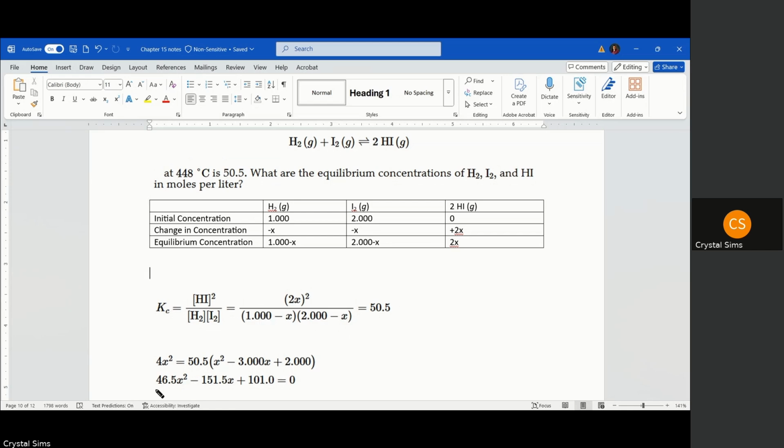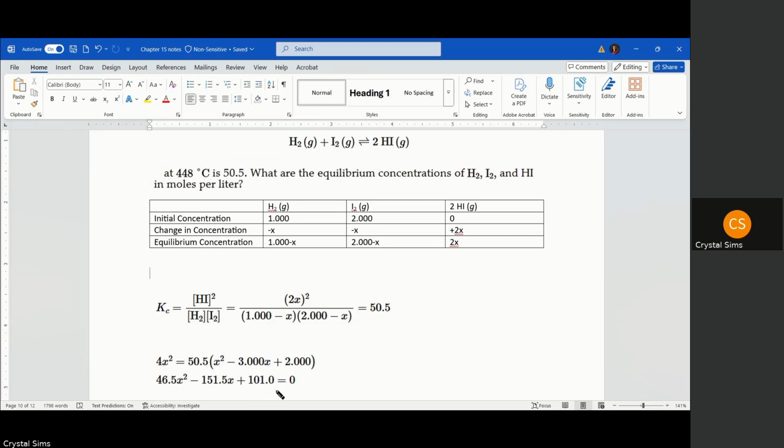All right, well, where did this come from? Well, I said 50.5 x squared minus 4, because I've got to multiply it here. And then I said 50.5 times negative 3. That gives me my negative 151.5x. And then I said 50.5 times 2.